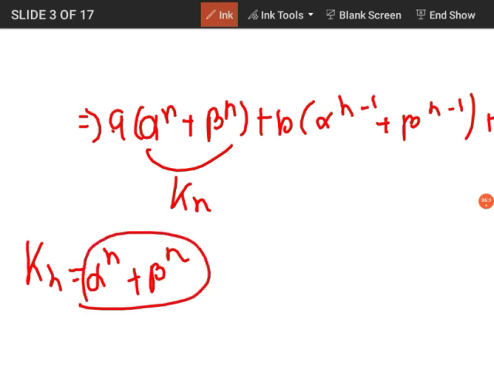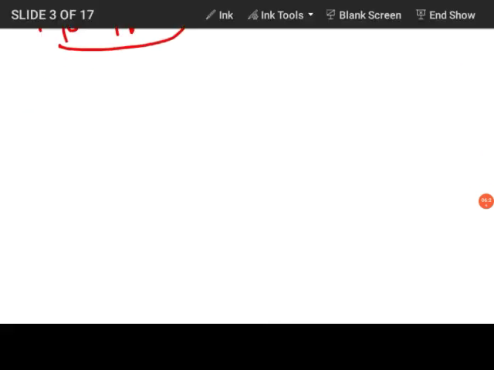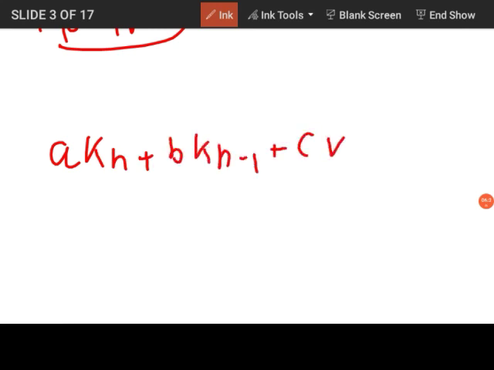Now similarly I can write this as k of n minus 1, correct, and that is k of n minus 2. So can I write it as a multiplied by k n plus b multiplied by k n minus 1 plus c multiplied by k n minus 2 is equal to 0. Now see how this is useful.